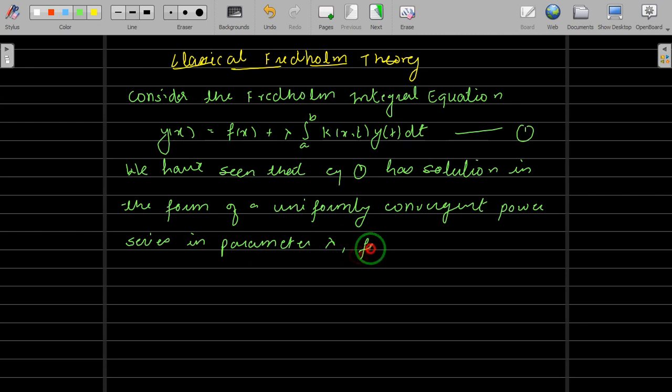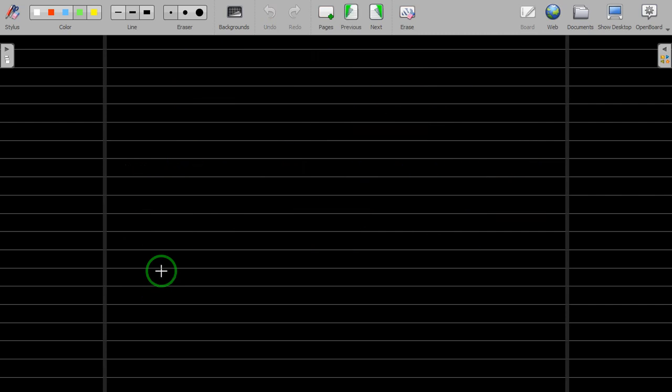Let me write here for the stable value of mod lambda. Now here we will consider a method in which this will hold for general lambda.